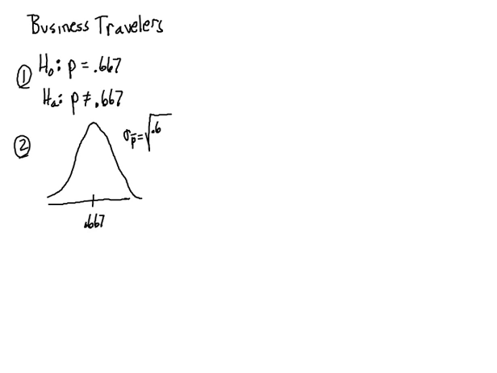I'll again be using the 0.667. And I get 0.0202. The population percentage is assumed to be 0.667.